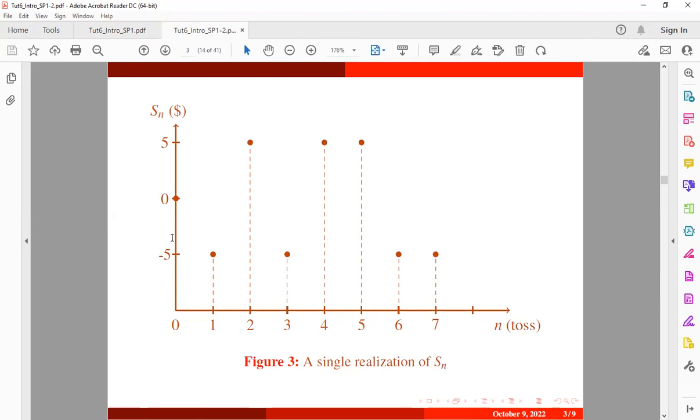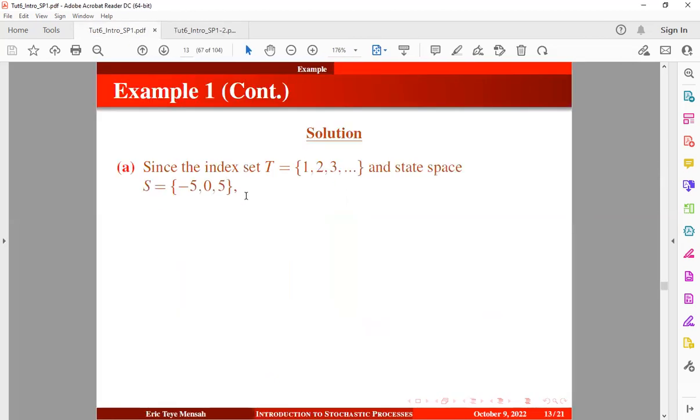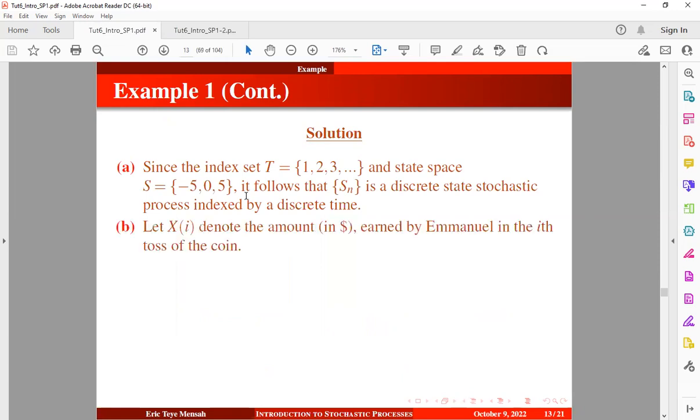So you can see that our index set is basically going to be countably infinite, and our state space is also going to be what? Finite. So that's basically what we have here. So we can basically say that our process S index n is a discrete state stochastic process indexed by a discrete time.